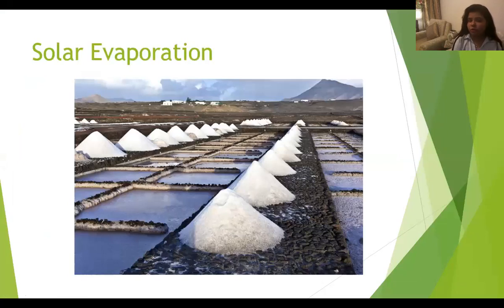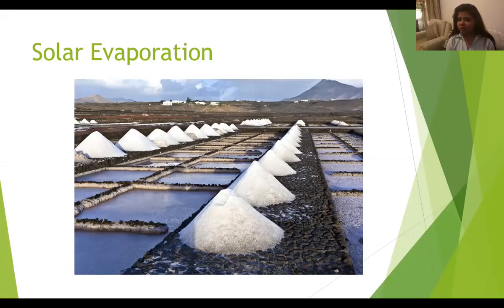Solar evaporation. Now, solar evaporation is one method that you're going to understand in this lesson, right? So I've just shown you a little picture where solar evaporation is happening. You can see the boxes that they've made on the ground, and you can see there is water, and you can see the dunes that are made with white color.